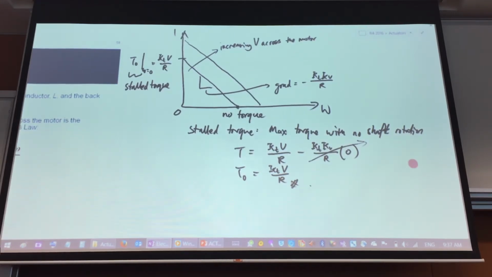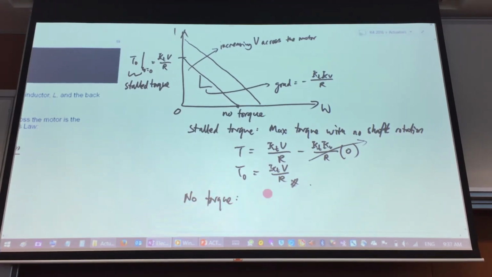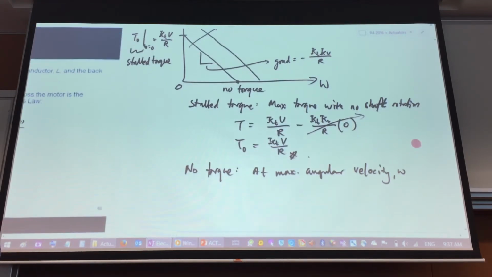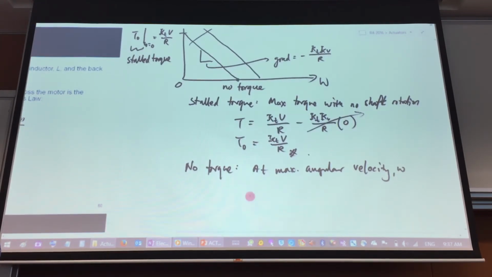And at the other end of the spectrum, when there is no torque, that is at maximum angular velocity, omega. In that case, the T term will be equal to 0. You have the rest of it.